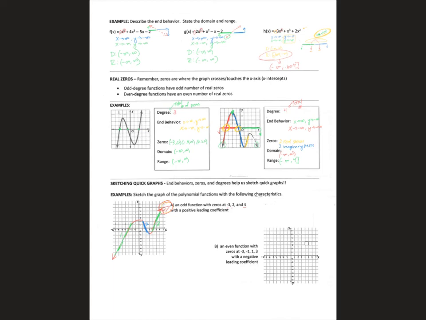An even degree function with zeros at -3, -1, 1, and 3 with a negative leading coefficient. So if it's an even degree function, you are relating it to a quadratic, right? Because that's the most common even degree function you've dealt with throughout your math career. And since it's the negative leading coefficient, you know that your quadratic is going to be facing down, right?